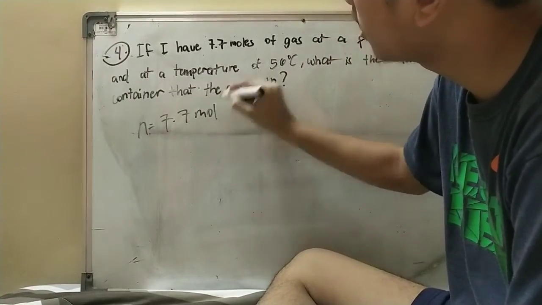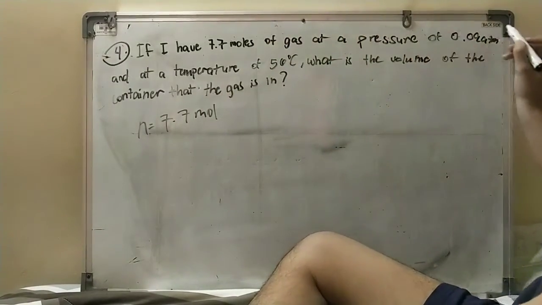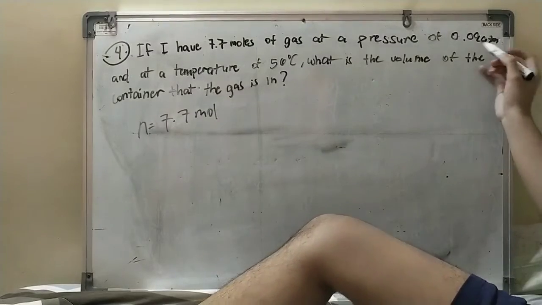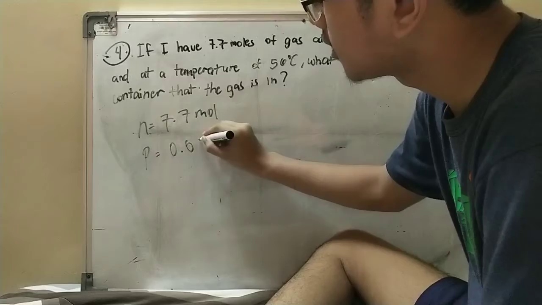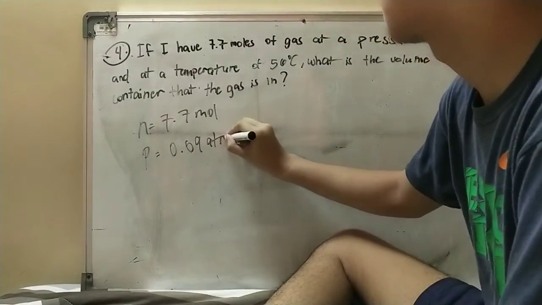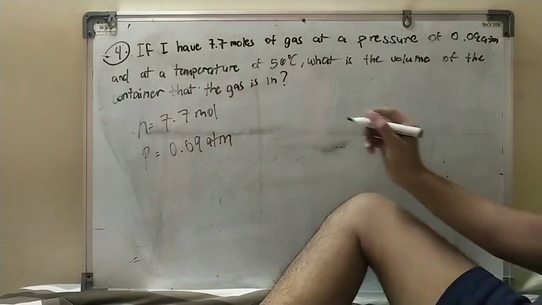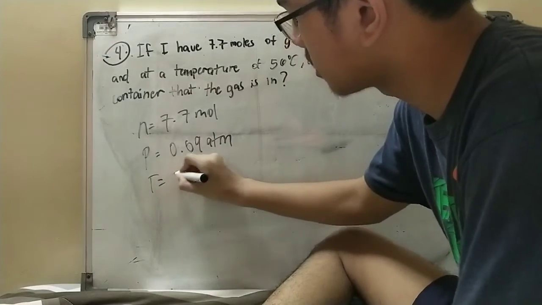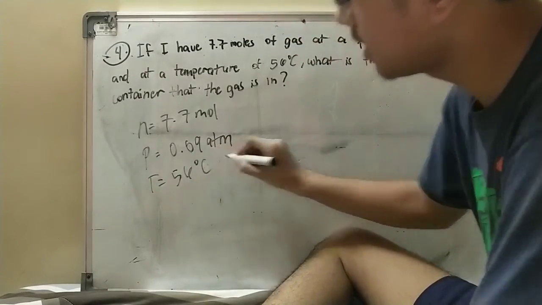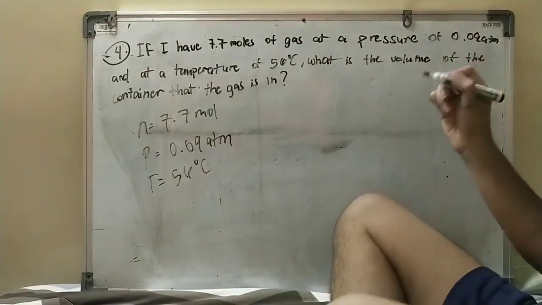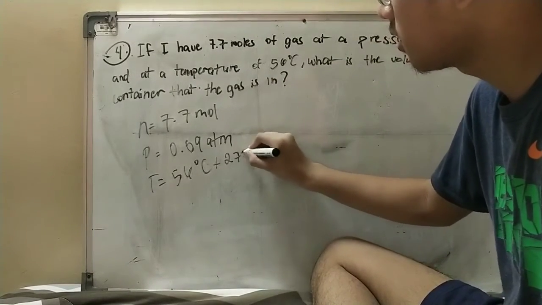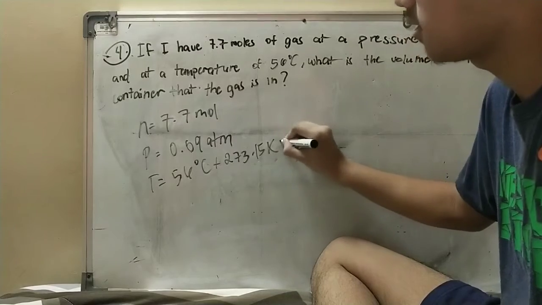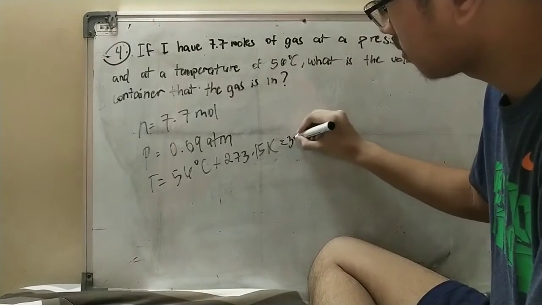Our pressure is 0.09 atmosphere. And our temperature being 56 degrees Celsius. And as I said earlier, we need to convert this to Kelvin in order to cancel it out in the gas constant. So 273.15 Kelvin.